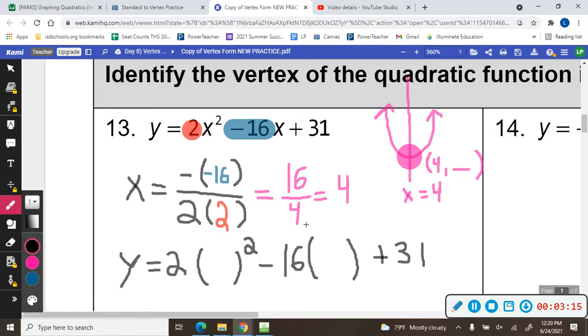And the one I'm curious about is when x equals 4. So I need to plug 4 into this equation. This is called substituting. So I'm putting 4 in.